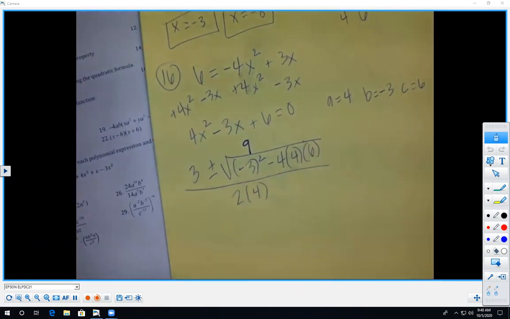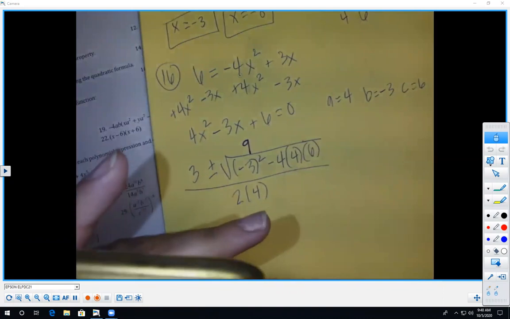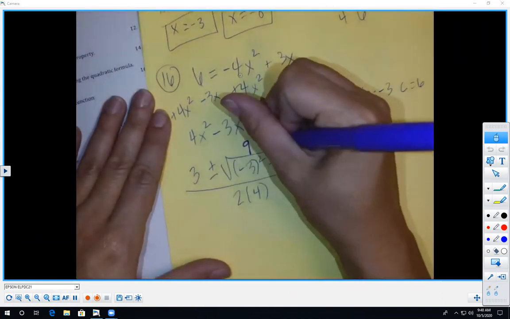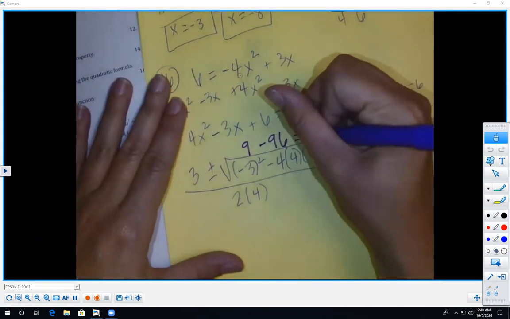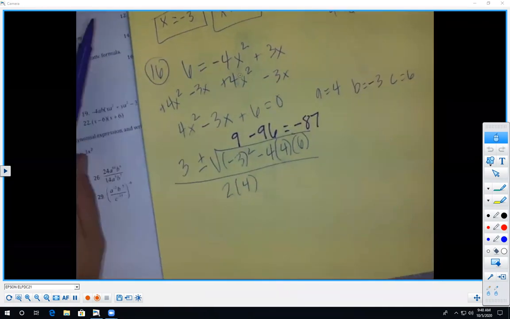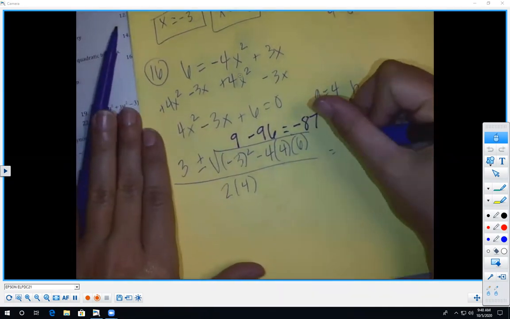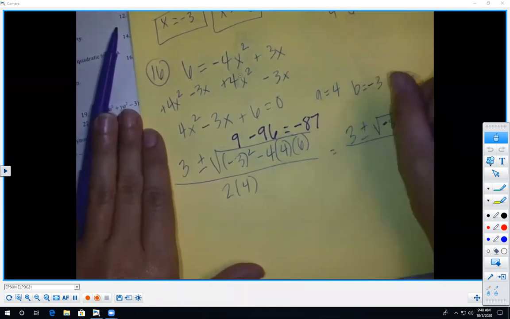Is that right? I think it's right. 4 times 4 times 6. Yeah. So minus 96. And 9 minus 96 is negative 87. So this becomes 3 plus or minus the square root of negative 87 divided by 8.